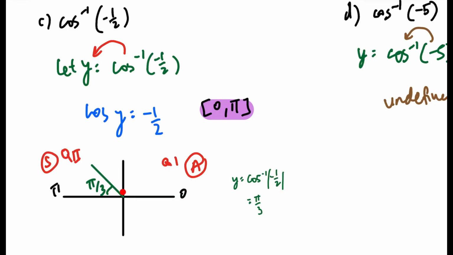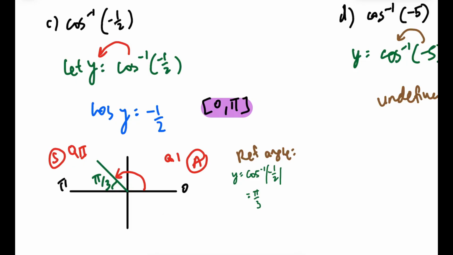Now let's find our reference angle first. We know how to find the reference angle; this is the angle without the negative sign. So inverse cos of half, with the modulus here, is pi over 3, so this is your reference angle. We need to read our answer from 0 to here, the positive angle.